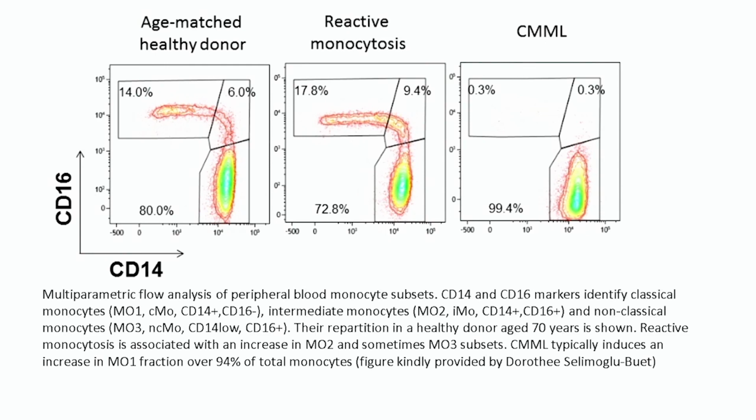Excuse me, Dr. Nahlah, 2 minutes more. So in case of CMML, we do the flow cytometry analysis for partitioning. In the peripheral blood, we found that more than 94% of monocytes fall within the classical monocytes. This is a very sensitive and specific test for diagnosis of CMML. However, in case the patient has other autoimmune or inflammatory disease, this cannot be applicable.